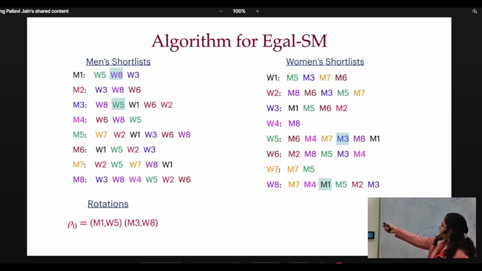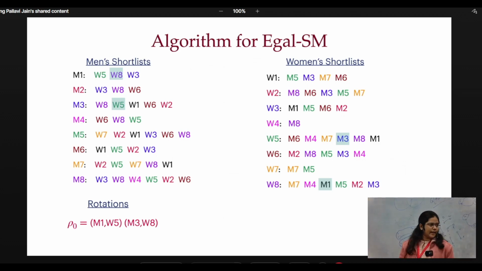Now look at W5's preference list, what happened? M1 to M3. So what is the change in the preference list of M1 and M3? The difference is 1, and it is increasing. So an increase means this will decrease your egalitarian value, and what is happening with the women?